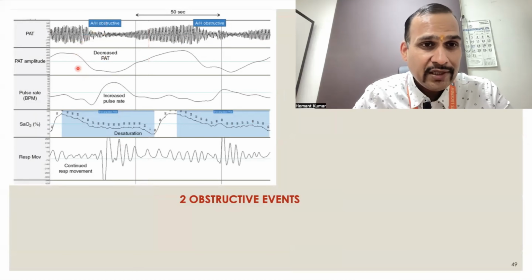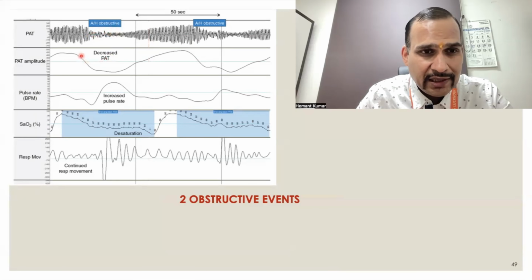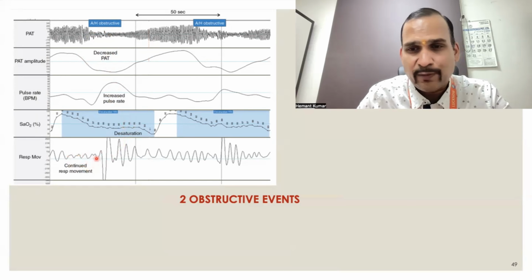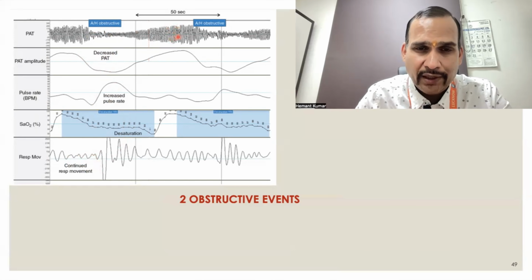So in this graph, you can see beautifully there is a normal PAT signal. When there is reduction in PAT signal, you can see reduction in PAT amplitude, and along with the decrease in PAT, there is increased heart rate, there is desaturation, and there is presence of chest movement. This is obstructive apnea. This is normal again.